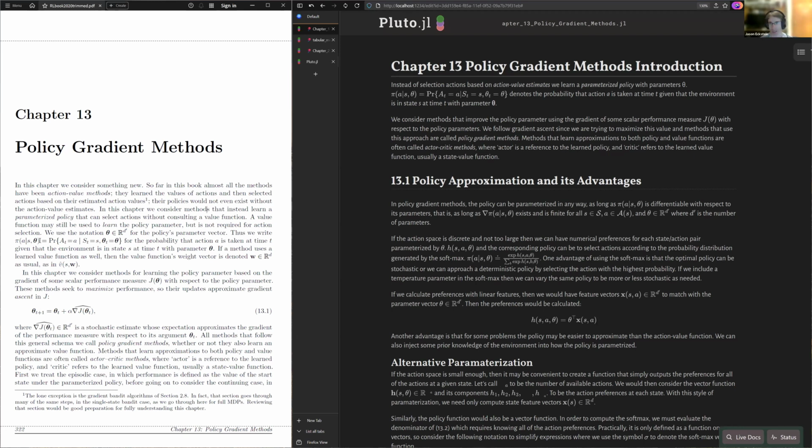But of course, this is supposed to be a probability distribution. So what I find is a more convenient way to define it is that the policy function gives you the vector of the action probabilities for a given state. That way, the probabilities across the actions have to sum to 1. We're going to mostly deal with discrete action spaces where there aren't too many actions.